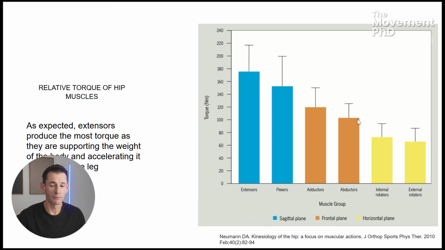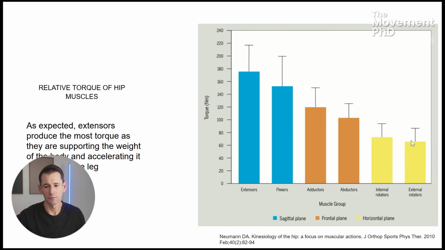They have a really important role for that anti-gravity frontal plane support of the pelvis. But remember, they get that balance afforded by a first-class lever, so they don't need as much torque to maintain that anti-gravity control as, say, our extensors, which are going to act as a third-class lever to produce that extension of that hip. And finally, our internal rotators and external rotators, they're going to have the least amount of torque because they're usually not working as much against gravity, right?